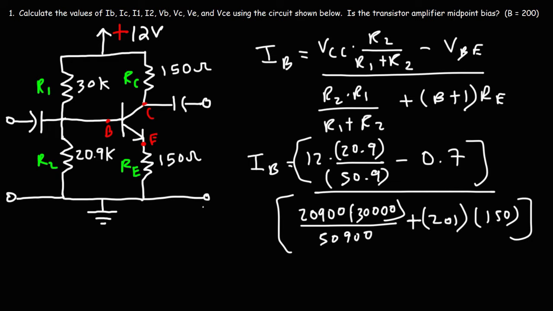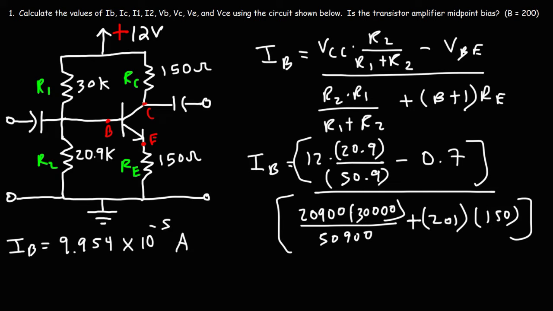So the answer that I got for the base current is 9.954 times 10 to the minus 5 amps.